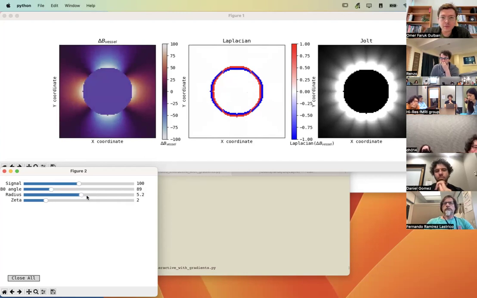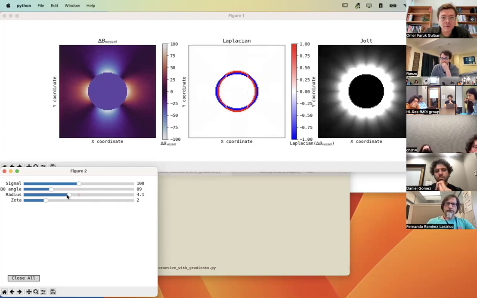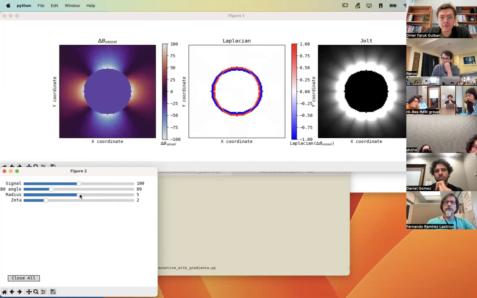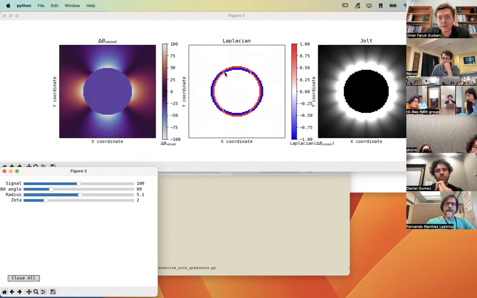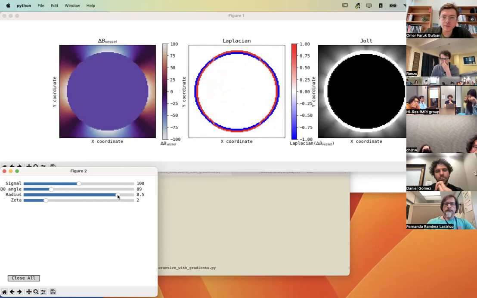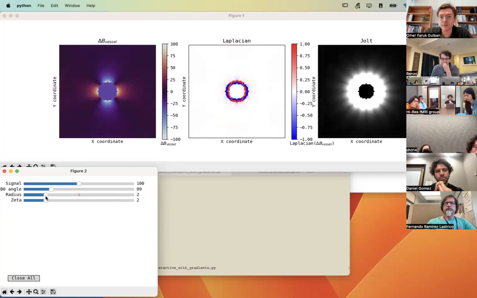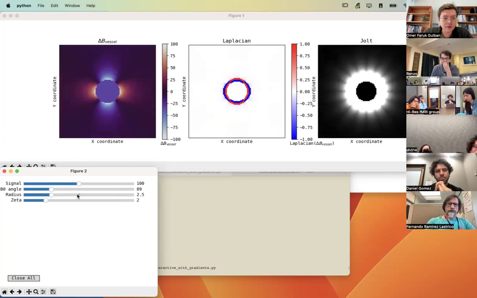Well, that can also change a little bit with the radius. If the radius becomes smaller or larger, the amount of blue and red voxels will increase or decrease in a given region. This whole thing is a given region, so you can see that this has more blue and red voxels than this one, right? I hope you can see it.